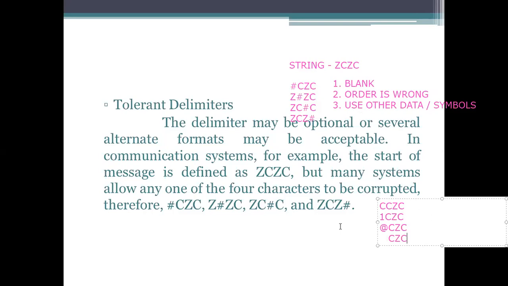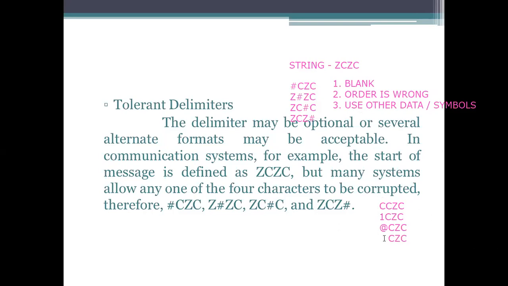So with the blank space, the first character we mentioned is blank, and then we are using data which is not defined in that variable. The other one is we are using data which is from a set. The data set for this message, what is the data set? It consists of two elements, Z comma, C comma Z. From the set only we took the value here. But what happens here? It is considered as invalid.